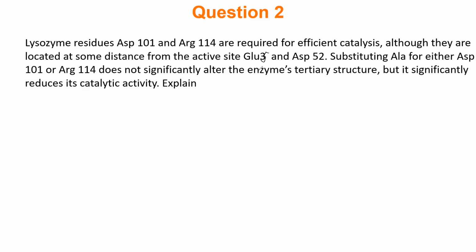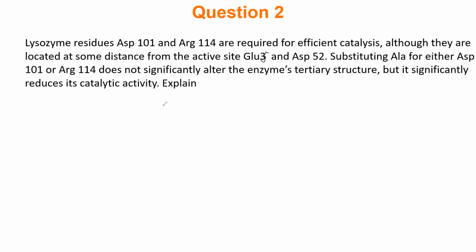So I want to know what you're thinking. Why do you think if you mutate a residue that's far away from the active site, that doesn't change the structure, why do you think that would have an effect on enzyme speed? So this is one of those big critical thinking, the answer is not clear type of questions.